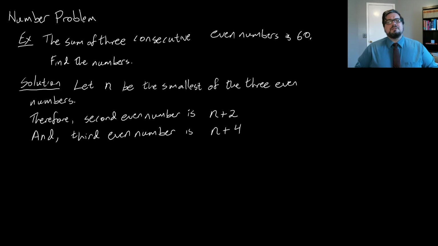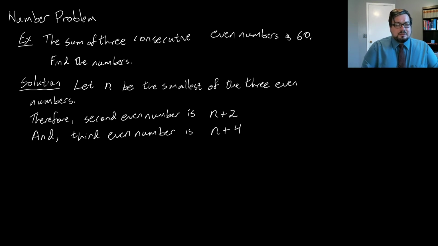And now we need to find some sort of equation or relation between the expressions that we have and other quantities. So here we can go back and read the problem again. Usually you'll wind up reading the problem several times. And we read in the first sentence that the sum of these 3 consecutive even numbers is 60. Well, we can write that down.